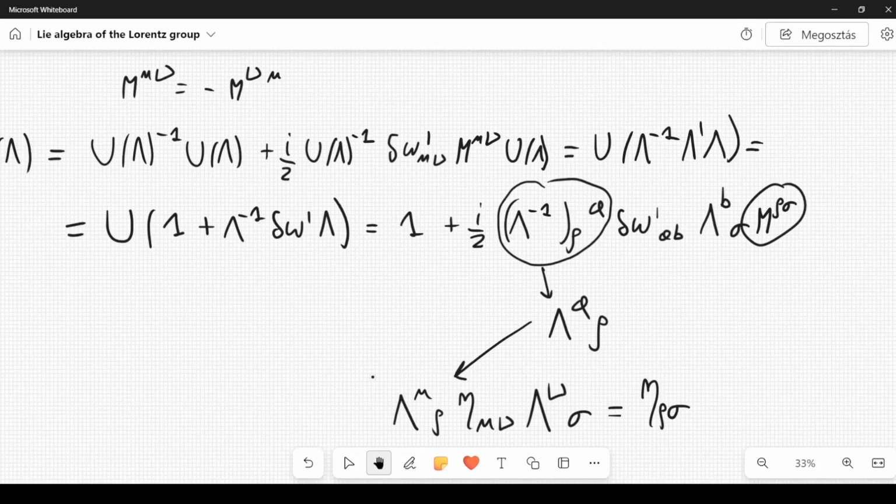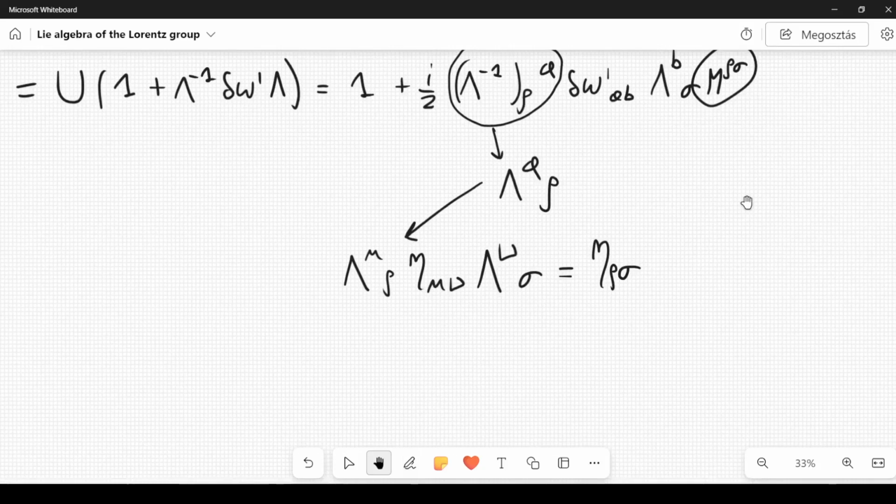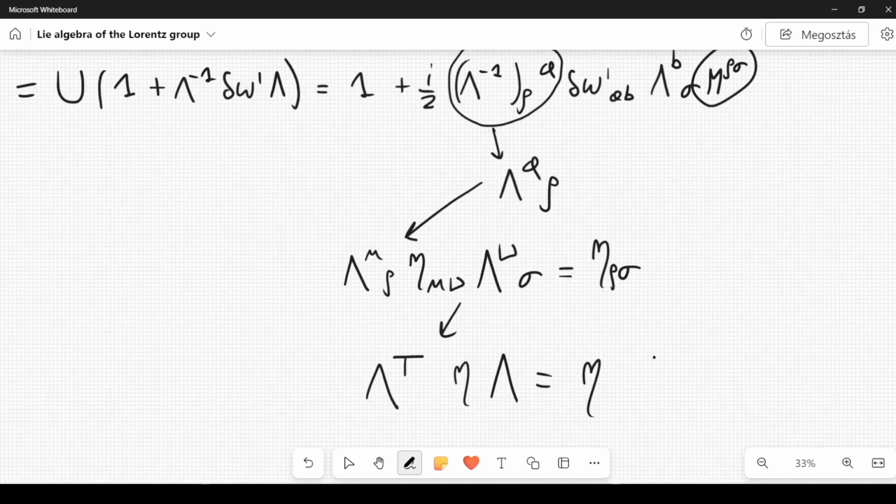And since this relation here is valid, we can also rearrange these terms in the following manner. In particular, this is written in index notation. If you want to write it in matrix notation, this would be something like lambda transpose eta lambda equal to eta. So this means that lambda transpose eta is equal to eta lambda inverse.